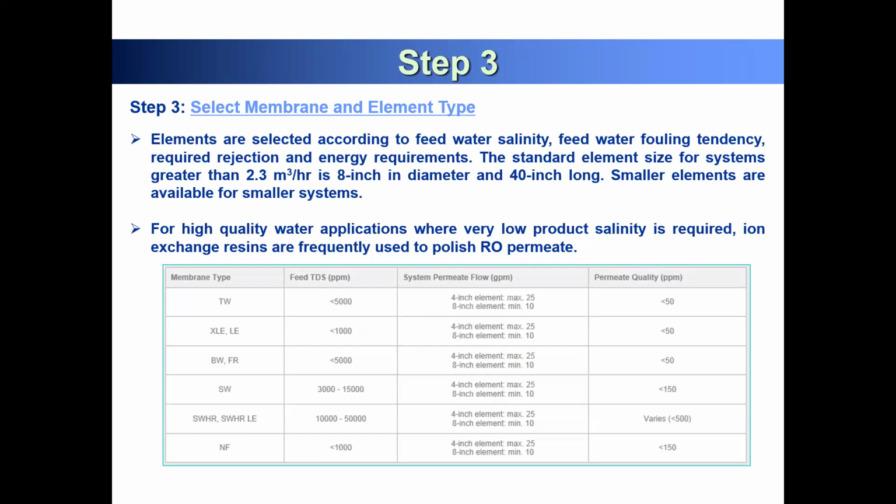As we discussed, one element costs $500, so they give a very good initial consultation to support what kind of membrane type would be best from their commercial membrane elements.